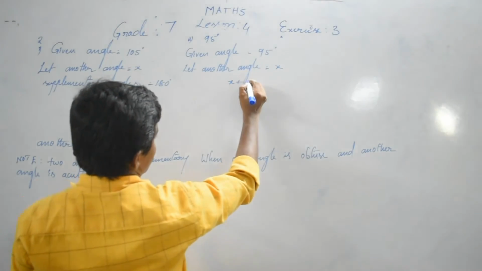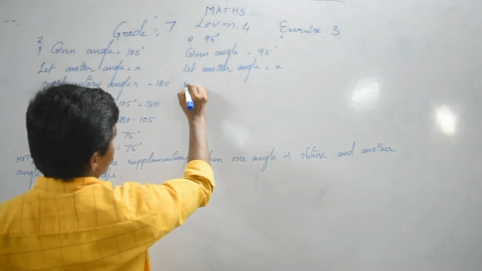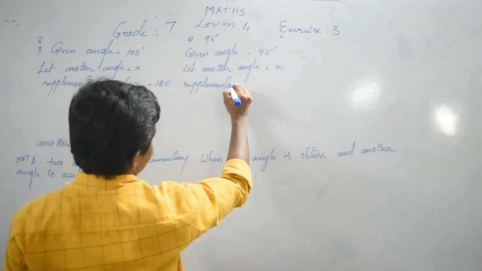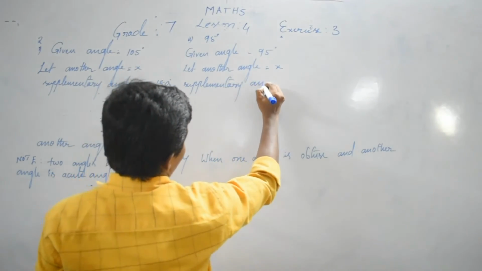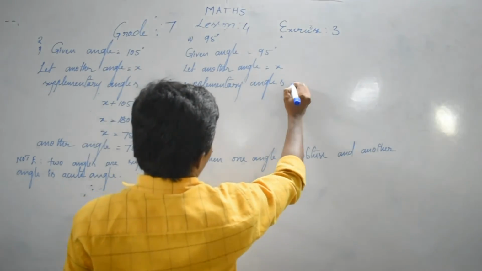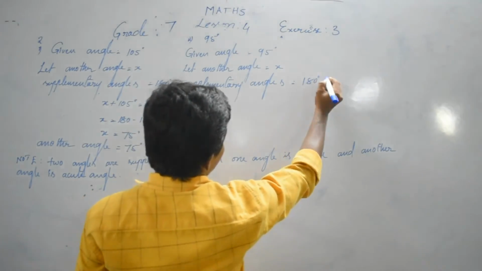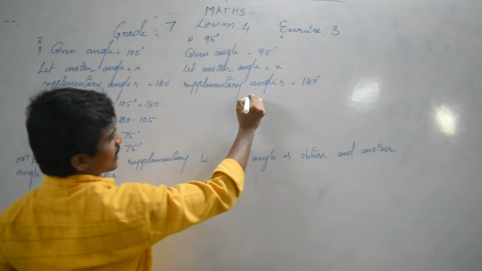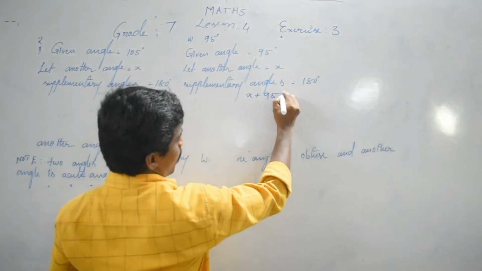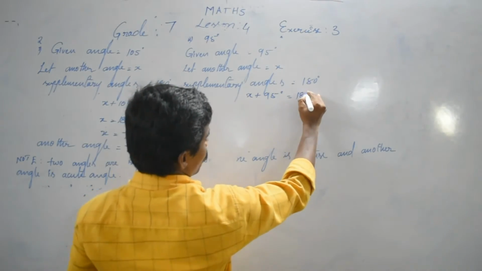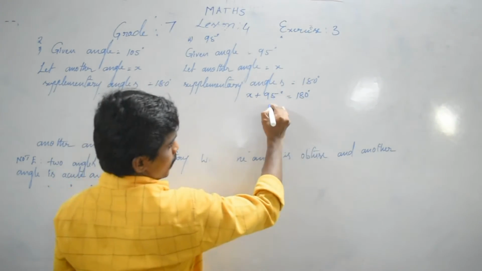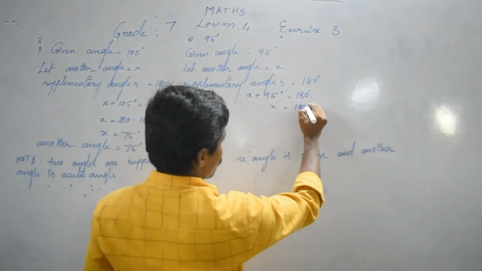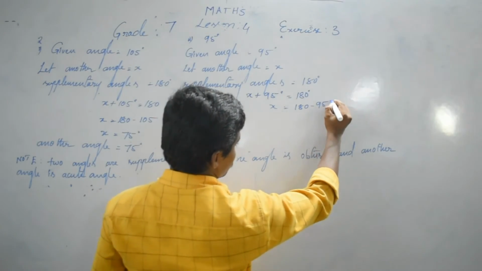So x plus 95 is equal to 180 degrees. So x equals 180 minus 95, moving 95 to RHS.